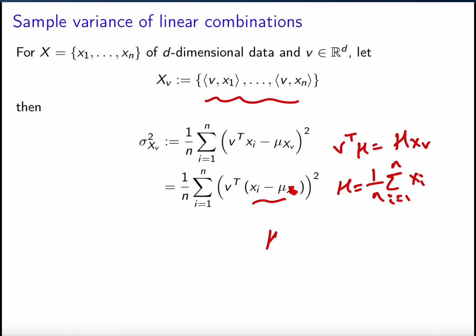Because mu of xv is 1 over n times the sum of V transpose xi, and by linearity of sums this is just equal to V transpose times 1 over n times the sum of the xi.